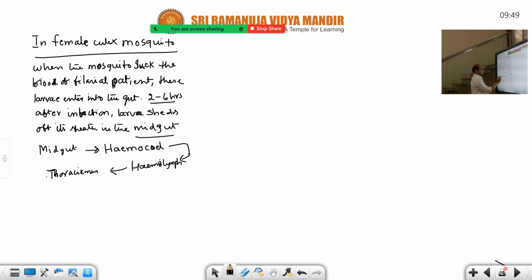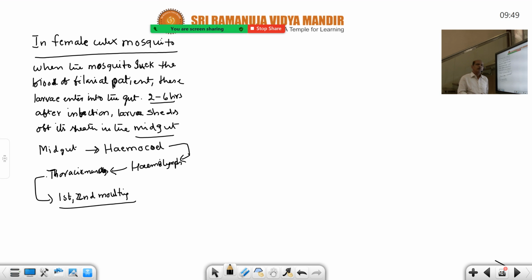In the thoracic muscles, they undergo the first 2 moltings. First and second molting occurs. Most important. Here again I will recollect: first and second moltings occur. 4 moltings in all nematodes' life cycle. You can observe 4 moltings, either in Ascaris or Wuchereria bancrofti or Enterobius vermicularis or Trichinella spiralis or Ankylostoma duodenale. Any nematode parasite, 4 moltings are there.